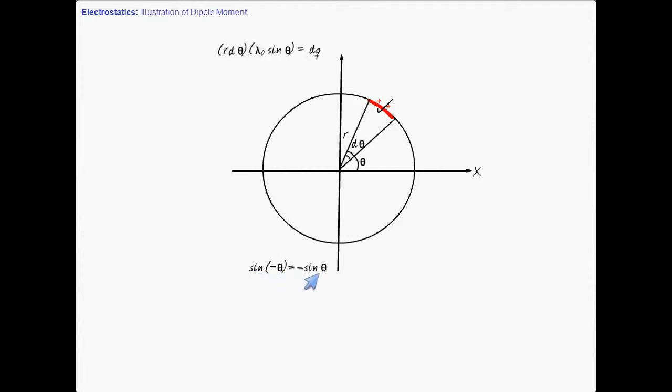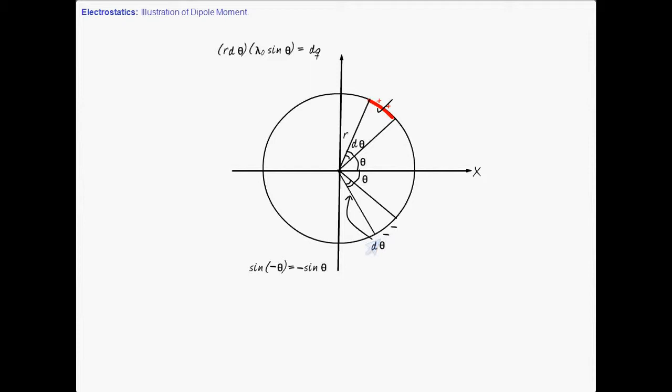Agree? Which means if I take an element in the fourth quadrant, and let's say this element also makes an angle d theta at the center, then the charge on this element will be negative.